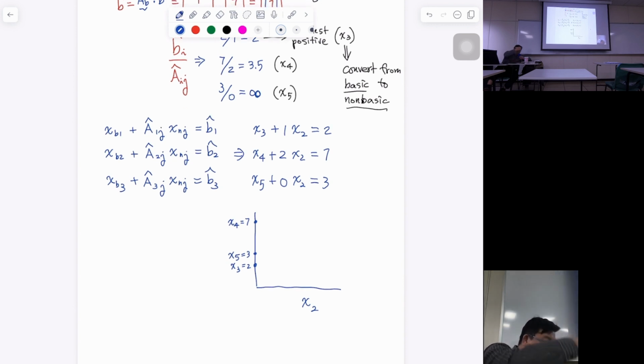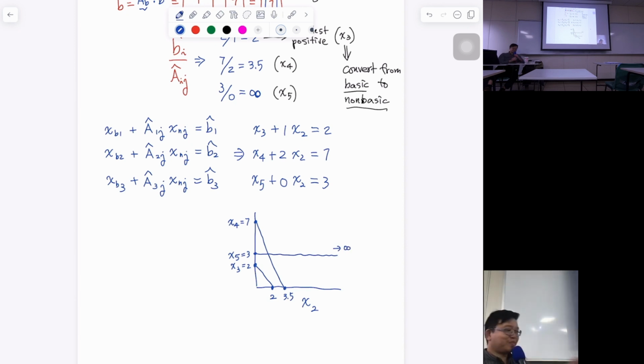And if you try to draw the 3 lines that I mentioned, basically this is like this. Oh, sorry, not this one. This one. Okay? And -2 on 7. So here is 2, here is 3.5, and this is like this. Goes to infinity. Right?